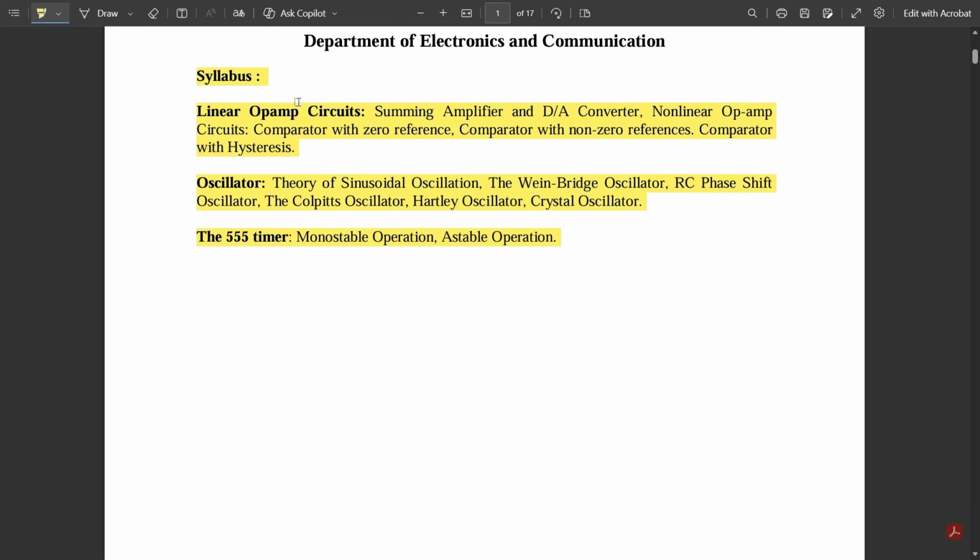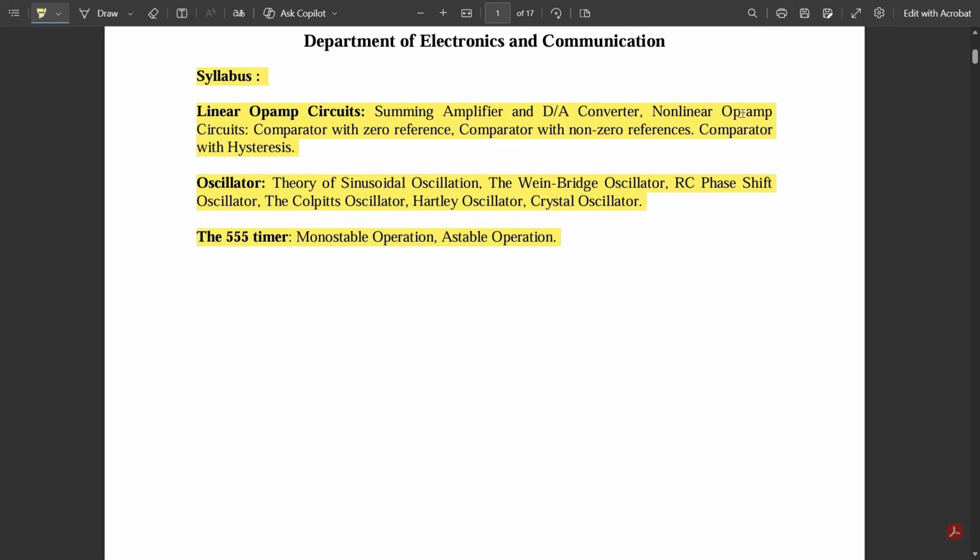So we are not going to be studying the basics of op amp here, what we mean by operational amplifier and all, but some important additional linear op amp circuits, based on the amplifier, along with their characteristics. In that we are going to be seeing the summing amplifier and D to A converter. It is also called an R to R digital to analog converter, based on the amplifier, and how it is getting converted.